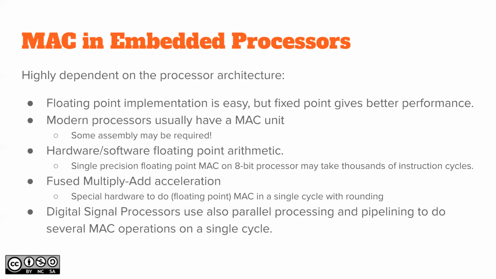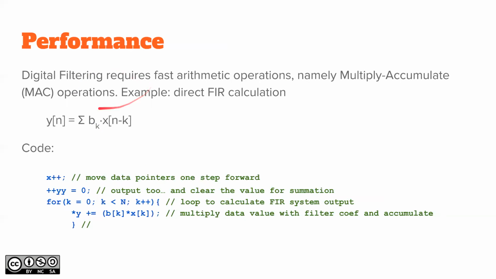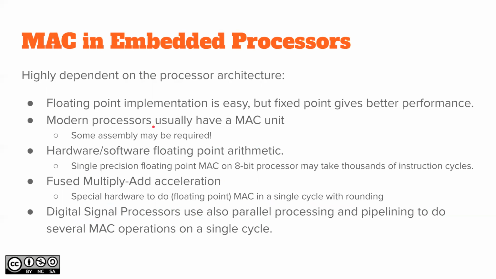What is MAC? MAC is multiply accumulate, so it calculates this sum. But if you have an 8-bit processor and are using floating point numbers, then you need to do everything in software. All the calculations in software. There are no floating point operations at all in the instruction set.